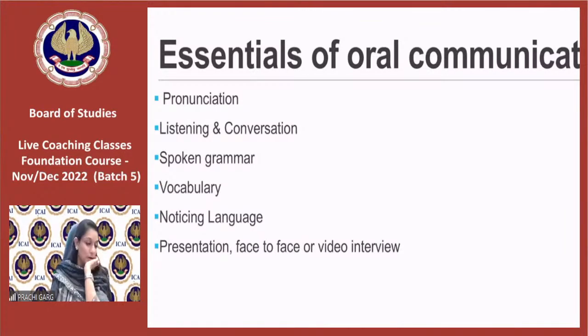Now, the next part is spoken grammar, and its role in the conversation. Spoken grammar and its role in the conversation is very important.